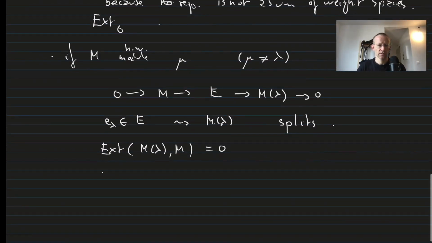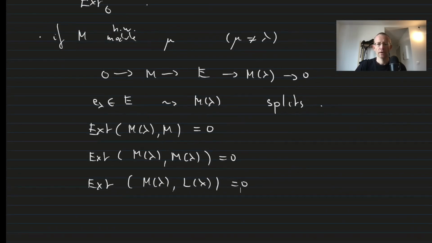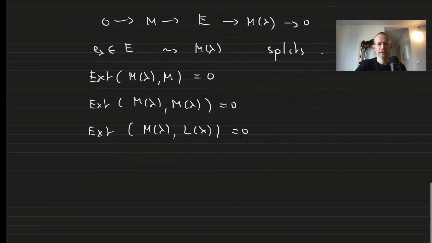Now, similarly, one has that there are no non-trivial extensions of M lambda by M lambda. So in other words, it's always a direct sum. And also there are no non-trivial extensions of M lambda by L lambda. Now let's look at the less trivial case.